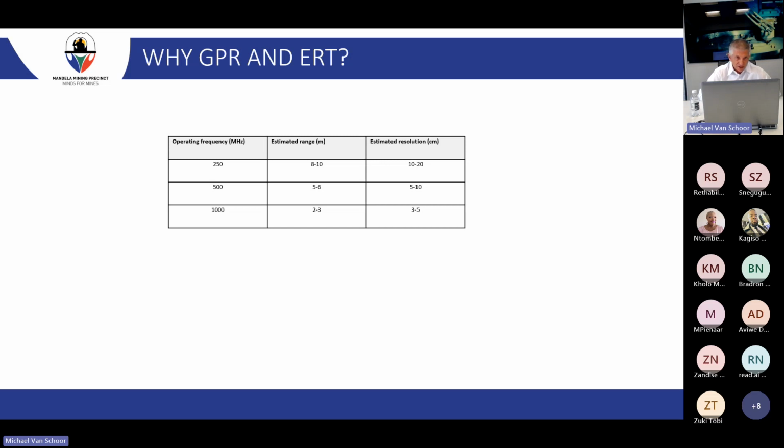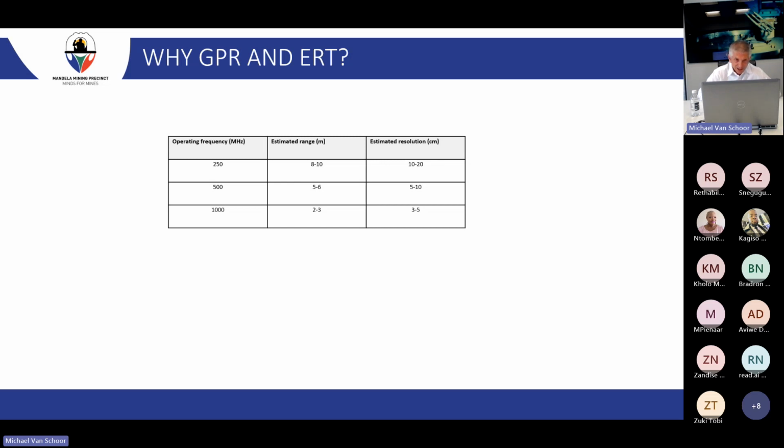I just want to say a few words about one of the concepts in GPR that we call the range resolution trade-off, because this becomes relevant a bit later in the presentation. You get different frequency antennas if you operate in the frequency domain like most GPR systems do. If you want to see as far as possible into the rock, you need to go to a low frequency, something like 100 megahertz or maybe 50.